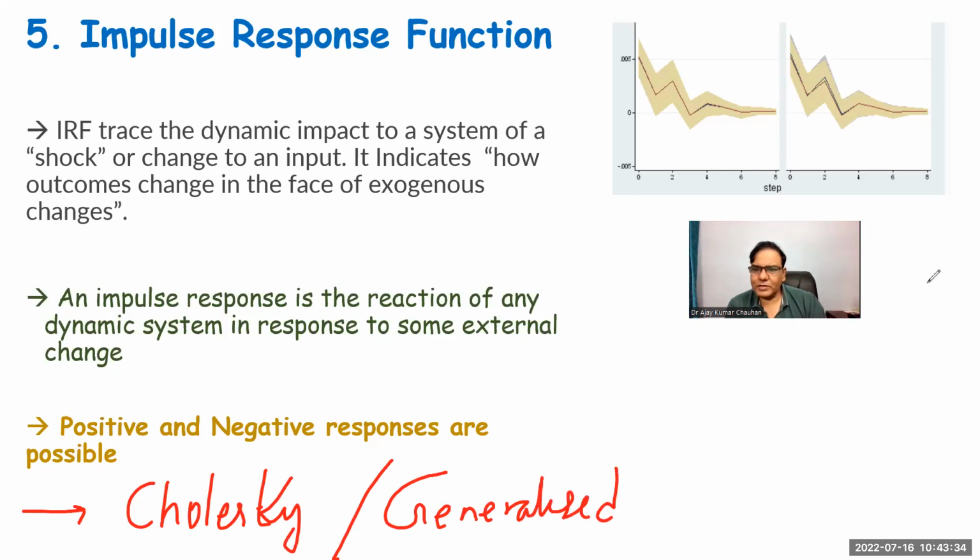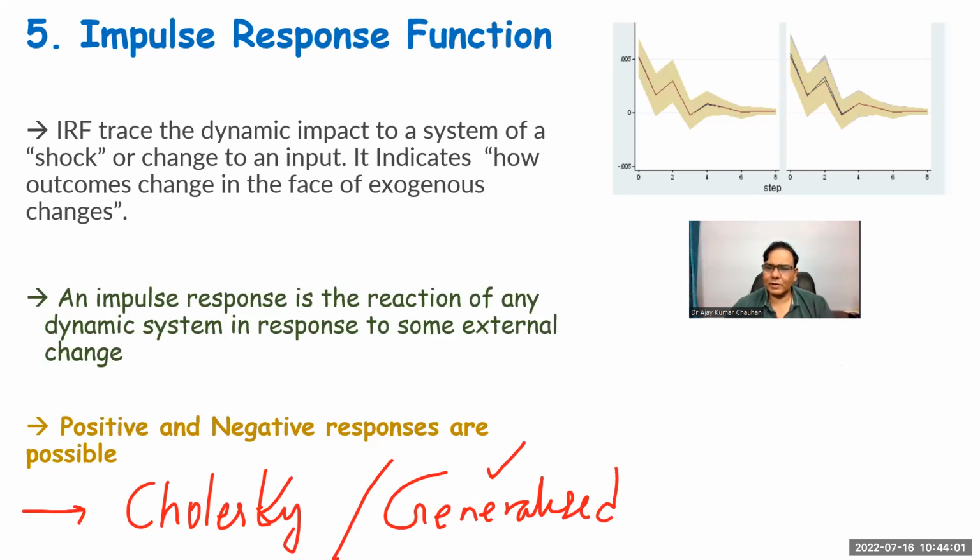There are two options for running the impulse response function. We should always click on generalized, so that if any effect comes from the ordering, that effect will die. To remove the ordering effect, if any, we should select the generalized responses.